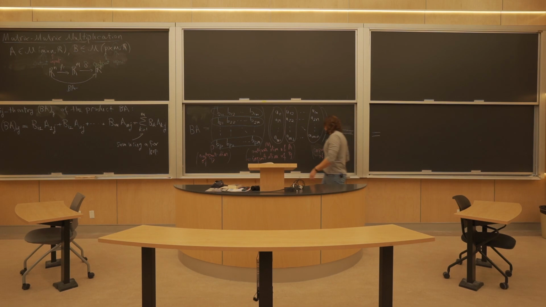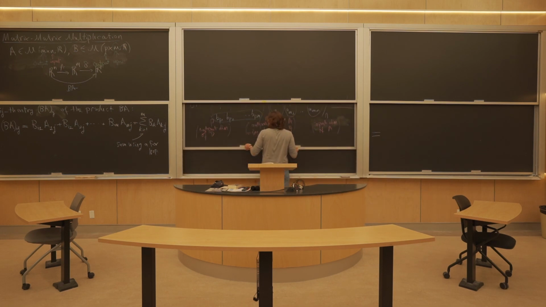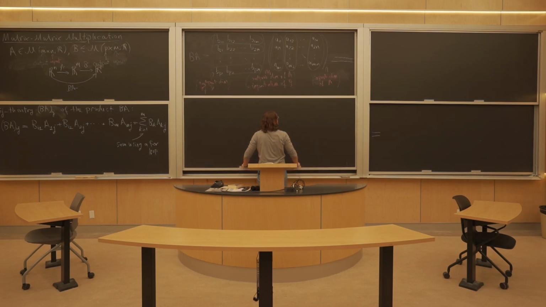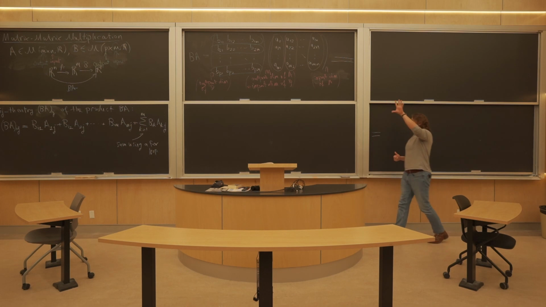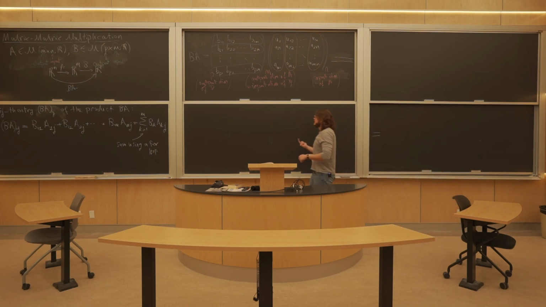Let me do some calculations over there. So let's say that I want to figure out the top left entry of B times A. That is to say, I want to compute BA sub 1, 1. According to this formula, this is nothing but this.